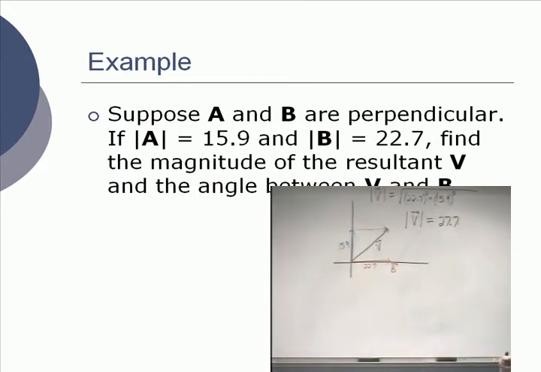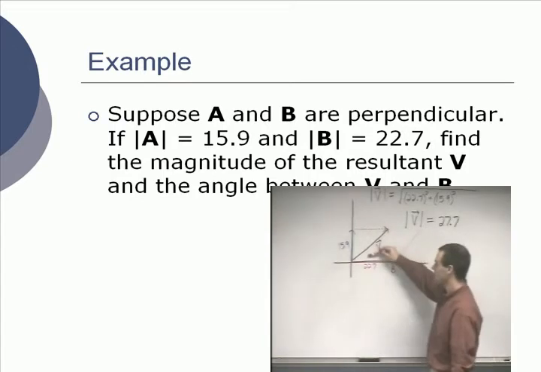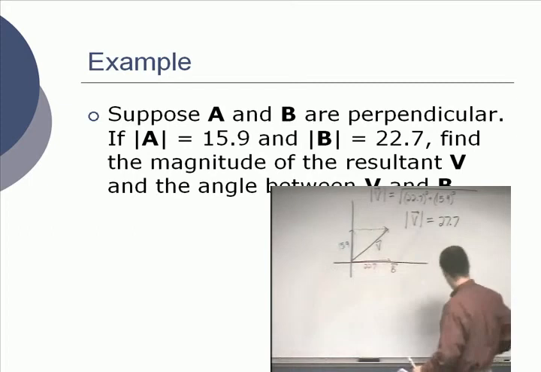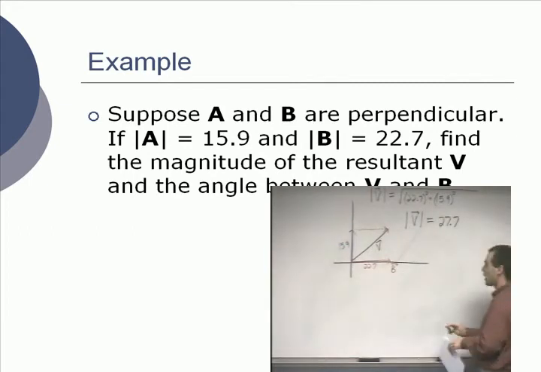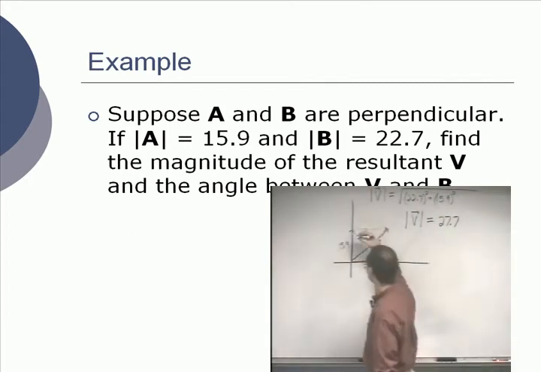Now, again, I just want to emphasize it's a minor point, but it could be a point of hang-up. Each question is different. These type of questions could say find the angle between the resultant and vector A. This one says B, so we're looking for this angle. If it said between V and A, we'd be looking for that angle. I didn't label it, but this was vector A.